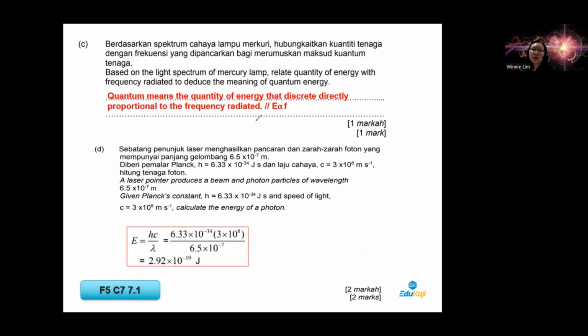But just for information, the Planck constant is not actually 6.33. The correct value is 6.63 times 10 power negative 34. But if in SPM they give you this type of value, you just follow. So you by right no need to memorize all these constant values. And if you want to be faster, you can actually press the calculator for this value of h.